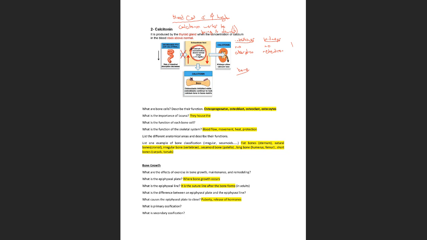So what removes calcium from the blood and puts it into the bone? Osteo what? Osteoblasts. Okay, they build up the bone. How does it do that? Well, it takes the calcium in the blood and deposits it into the bone matrix. You guys understand how this works? Because he loves to ask about this. Okay.